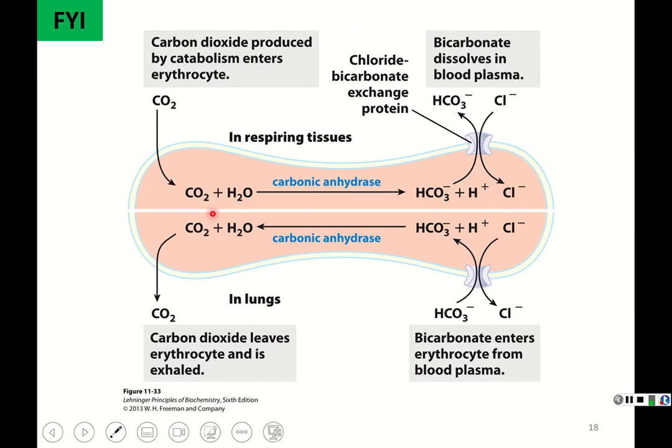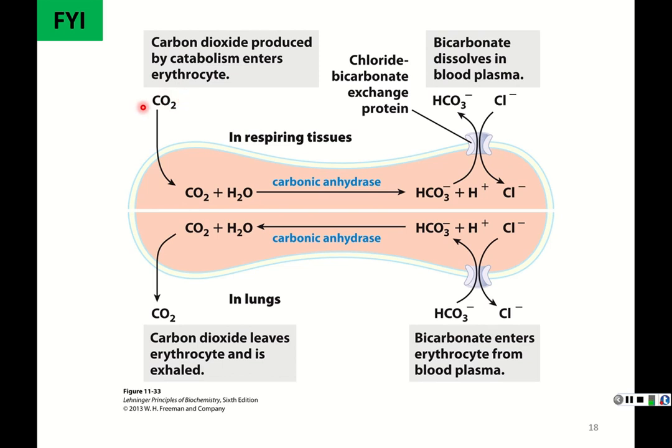Right, so this is the physiology of this enzyme, which for this class you don't need to know. Just included it in case you're interested. So in tissues where you're respiring, something like your muscle when you're working out, you're going to be creating lots of CO2.